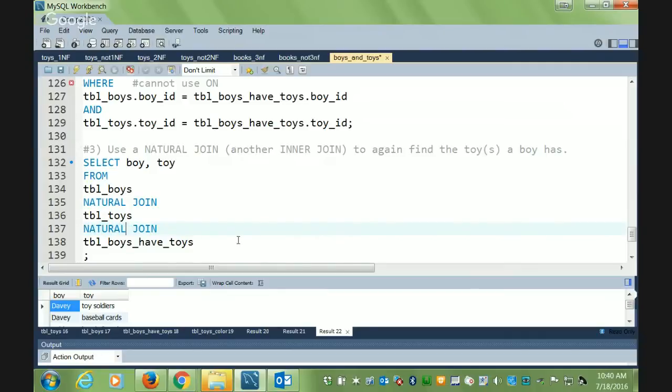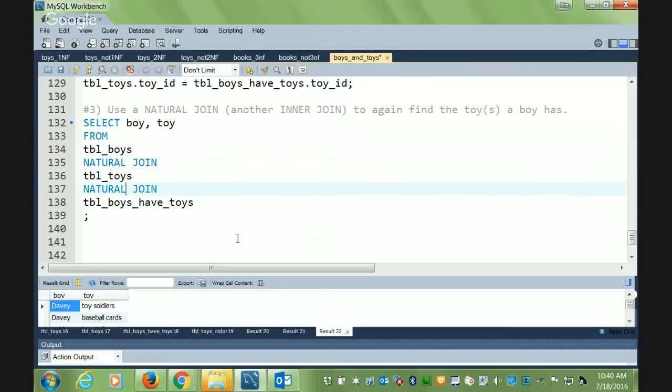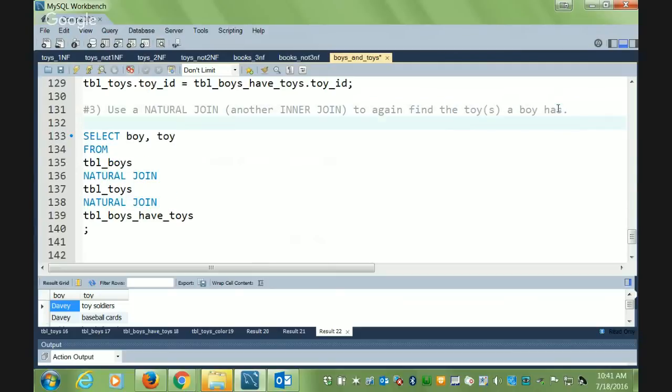Okay, so what is the difference between a natural join and an inner join? Do you see something? There is no condition. A natural join will automatically do an equi-join on same named fields. Fields have to be same named. So a natural join, it's another inner join. What does it do? It automatically performs an equi-join. We just did what an equi-join was, on same named fields.